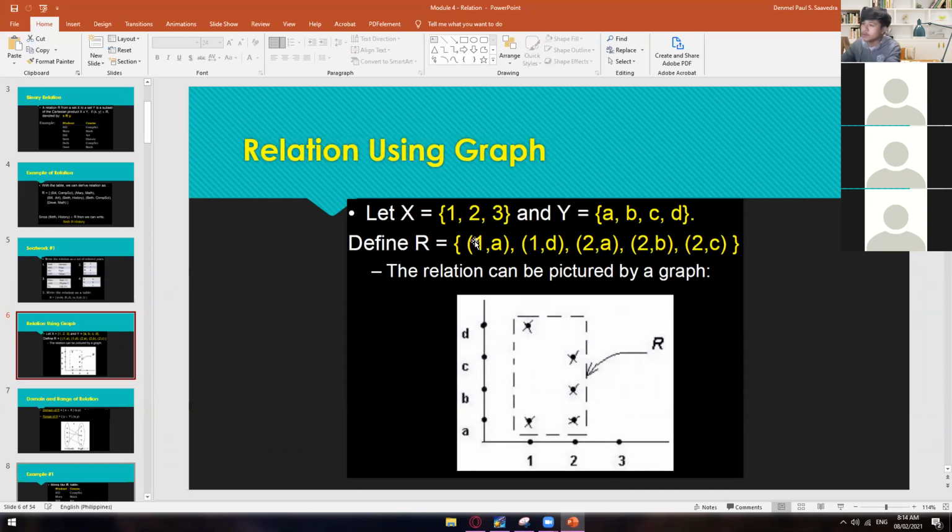What we want to do here is to plot each relation on our graph. We have 1a, so we plot it in here. So we have 1a, 1b, 2a, 2b, and 2c. All of those are in relation, or a set of relation. This is an example of showing this set relation in a graph.